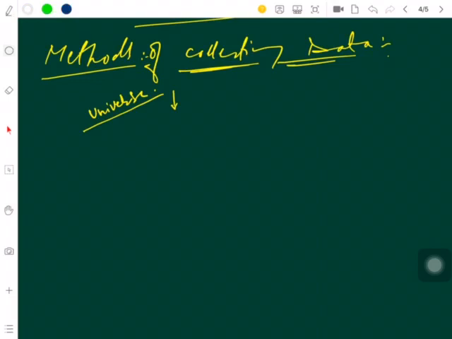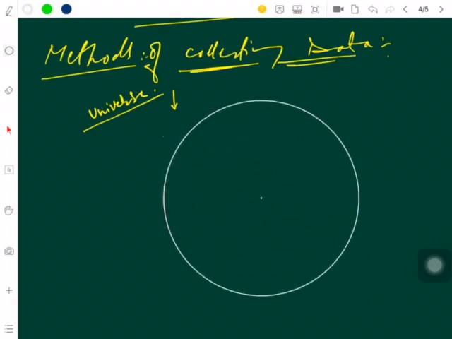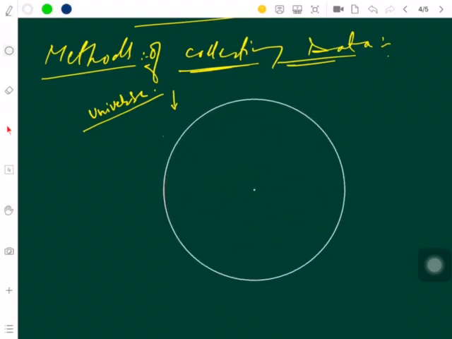Okay, good. This is our universe. Basically, this is, let us say, a pizza, the state of J&K, the full district of Anantnag or Srinagar, and I have to collect some data pertaining to this whole universe.